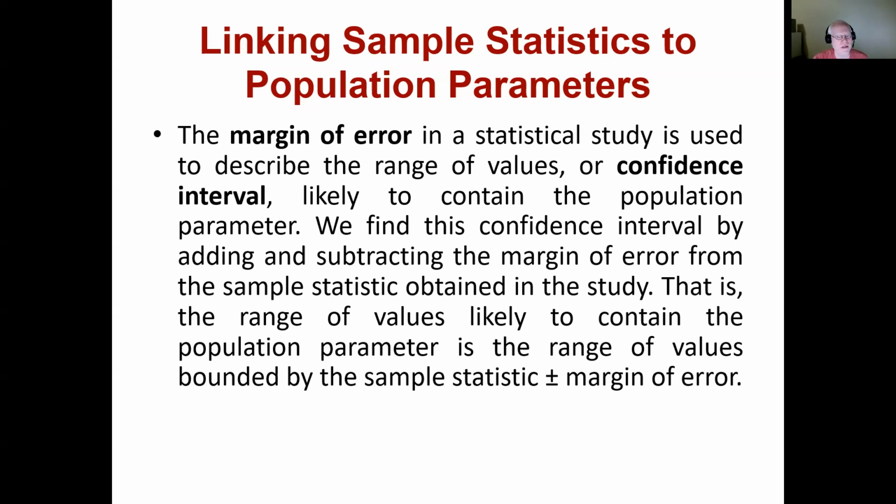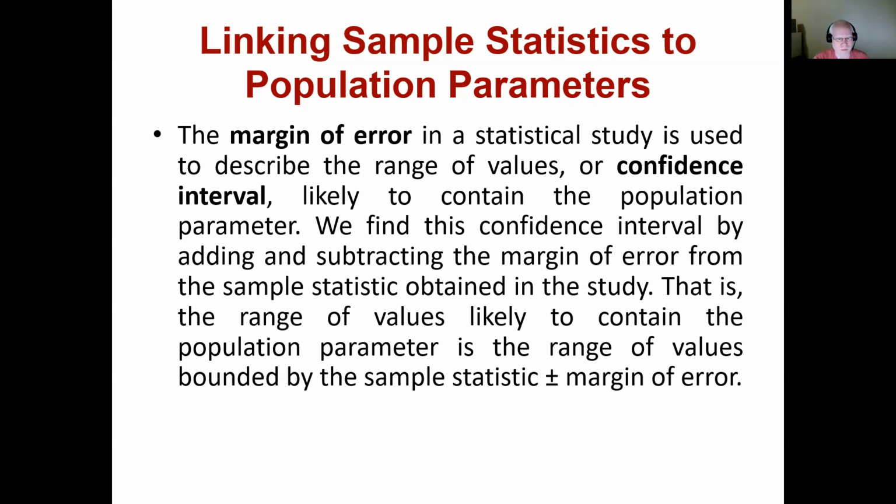So it's the range of values or confidence interval likely to contain the population parameter. It would usually be said as plus or minus: the margin of error is plus or minus 2. So this would mean that 70 plus or minus 2 is 68 to 72.